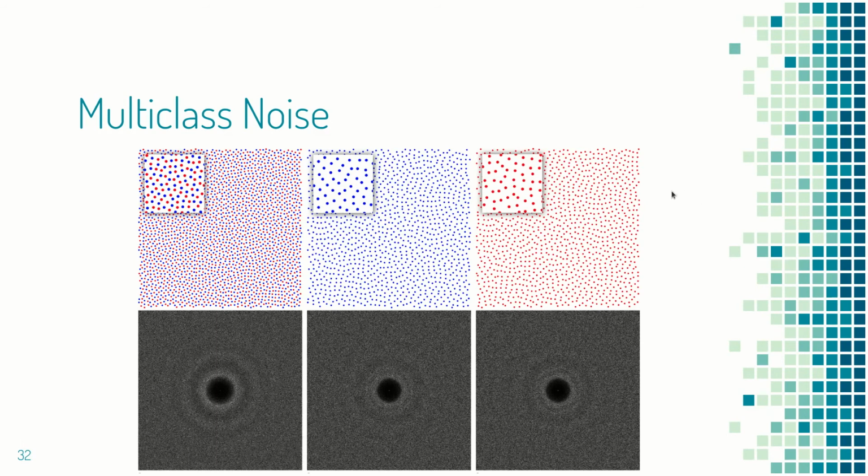There is a unique property about SPH, which is its ability to demonstrate multi-class noise. So using some straightforward geometric functions, which we do in the paper, it's possible to have a distribution where we have different classes of noise. So in this case, red dots and blue dots, where the combination of these dots is also blue noise.